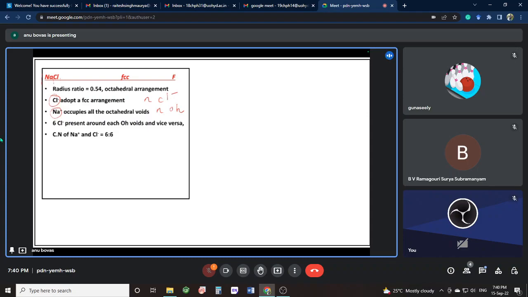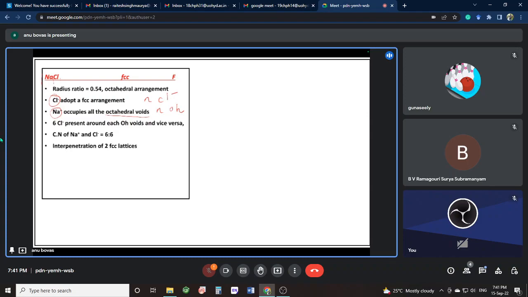That means around each cation there are 6 anions. So the presence of octahedral voids itself indicates that around it there are 6 motifs. So around 1 Na plus, there are 6 Cl minus, and around 1 Cl minus, there are 6 Na plus. So the coordination number of Na plus to Cl minus will be 6 to 6.